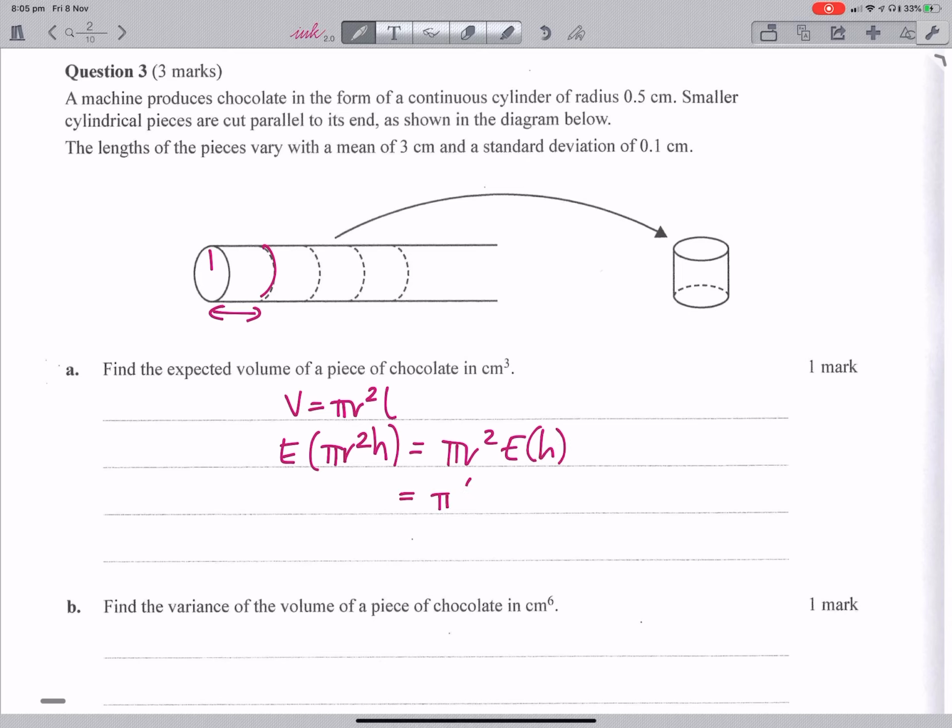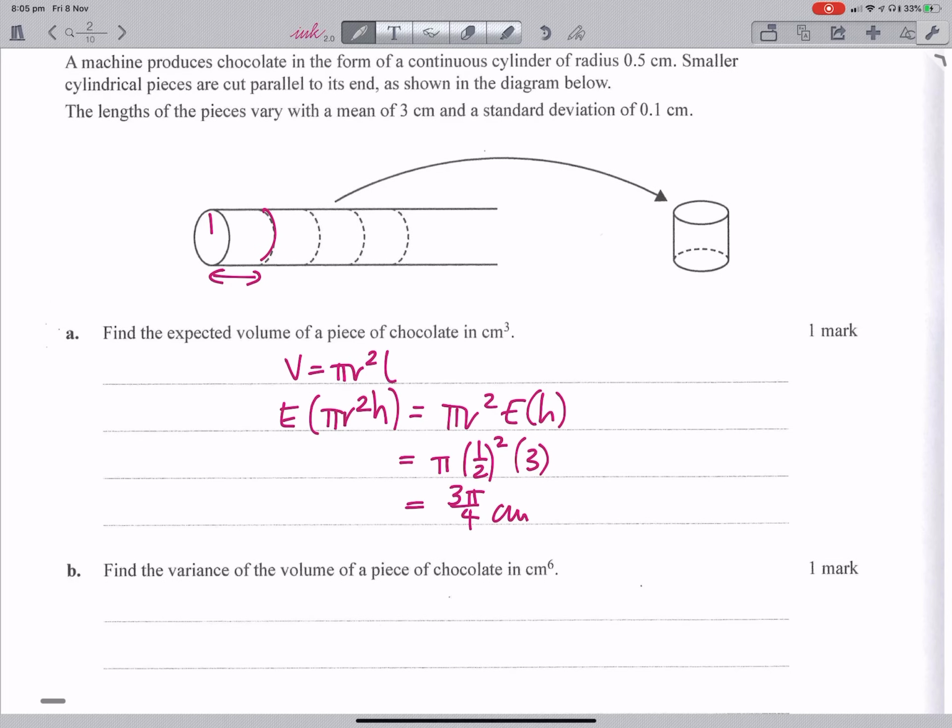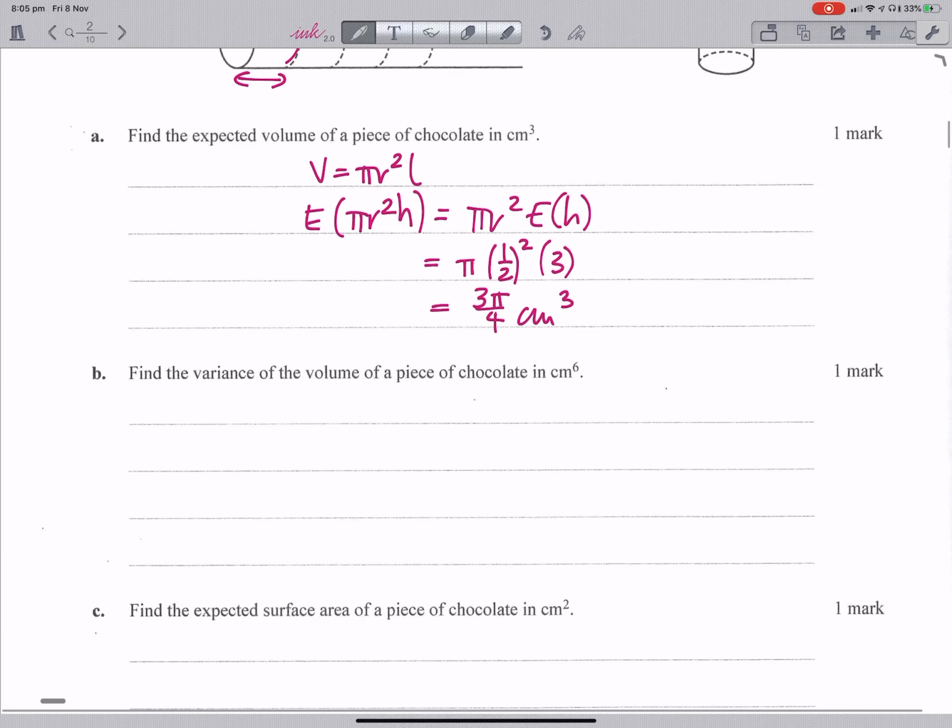So pi times a half squared times 3. So 3 pi on 4. Does that make sense? I think it does. That's very different. Centimeters cubed. Find the variance of a volume of a piece of chocolate.